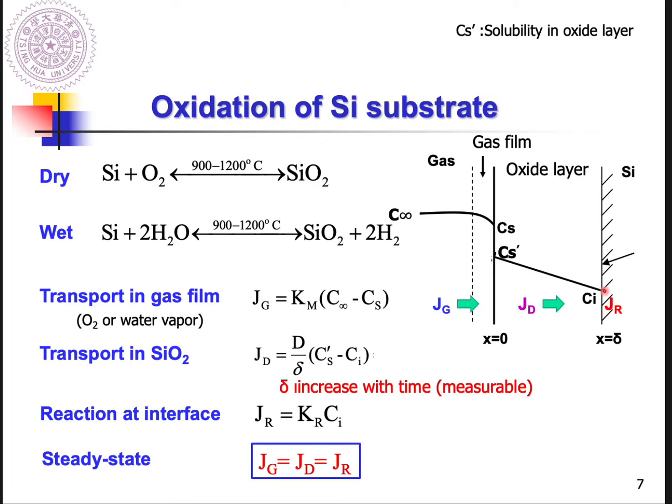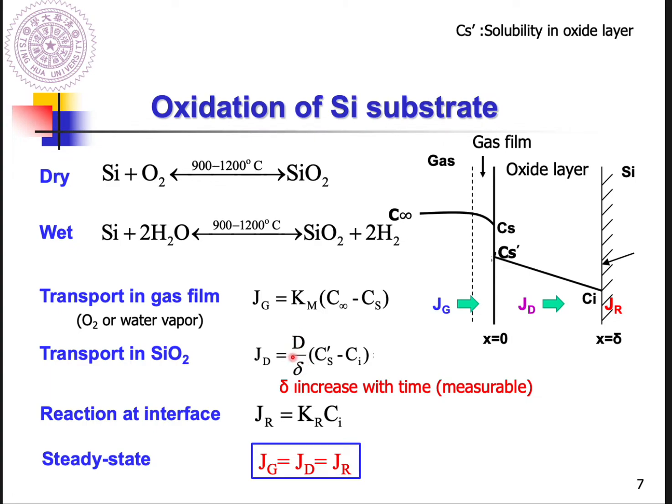But we didn't assign a specific K transport coefficient here. Instead we use the diffusivity over delta, where delta is the thickness of the oxide layer, because during the reactions, the thickness delta will increase with reaction time. So we cannot assign just a specific value of K here.